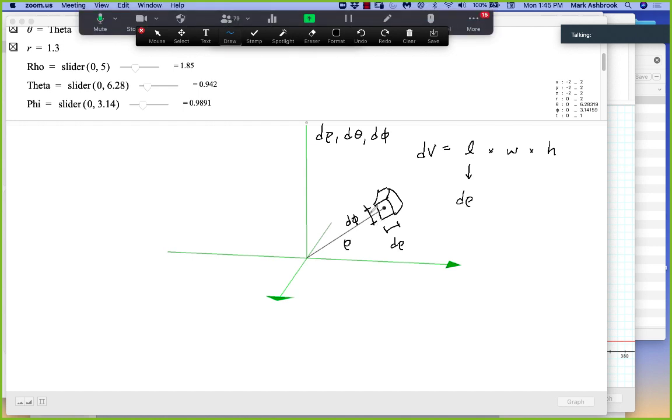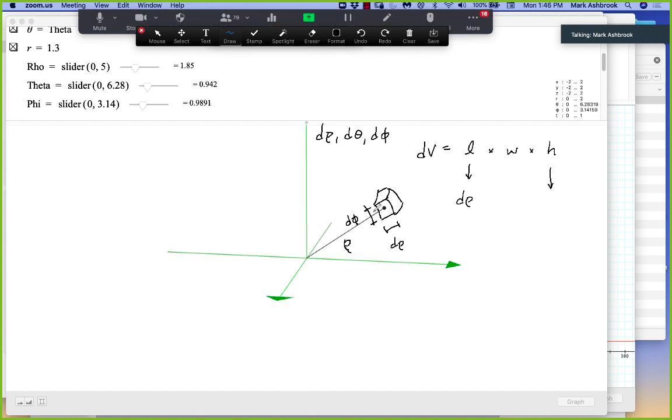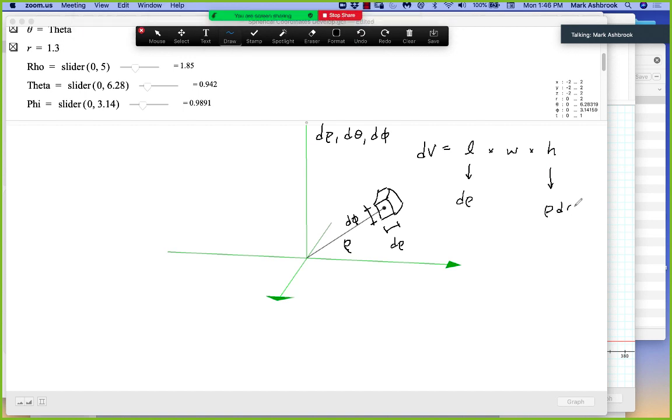We know it's not d phi. Remember how we got the dimension given the angle? It's rho d phi, the radius times the differential of angle, which gives you that little arc length. I'll call that the height. That's going to be my rho d phi.